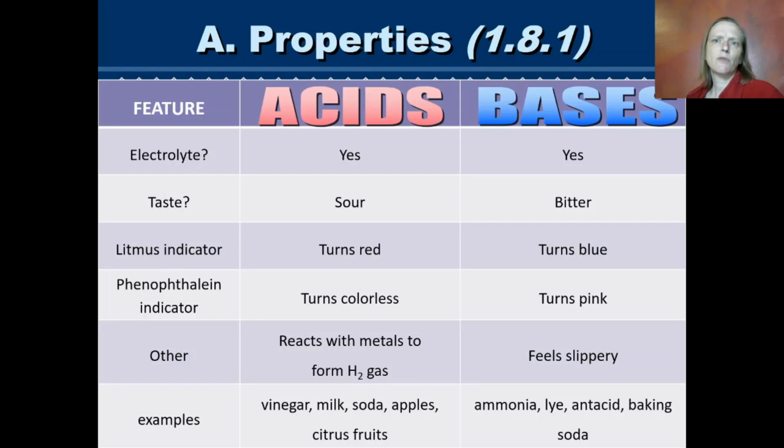Some examples from your household of acids would be vinegar, milk, soda, apples, citrus fruits, whereas examples of bases would be ammonia, lye, antacid, baking soda. So those are some properties of acids and bases.